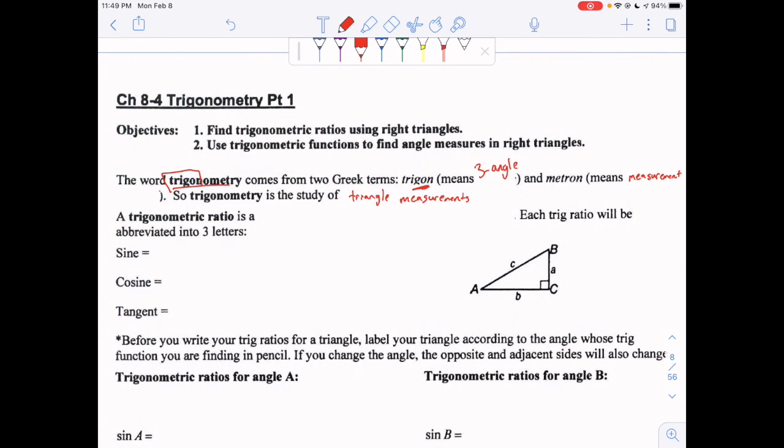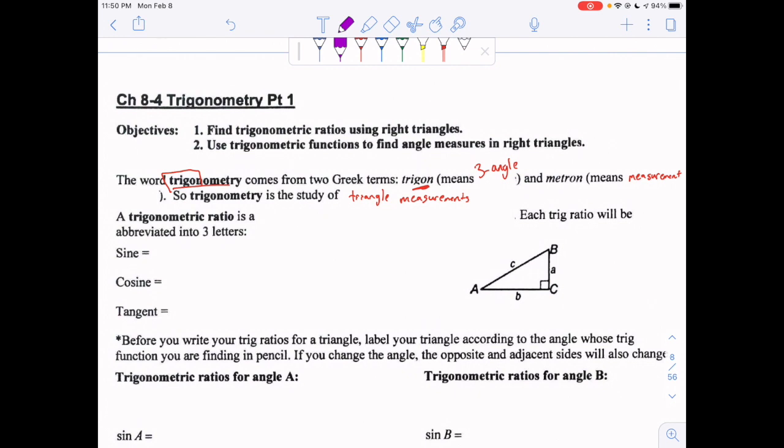A trigonometric ratio. Please say this to yourself real quick. Trigonometric. It's a big word. I know once you're on your 3rd date, you might stutter this word, but practice it, so when you go on a date with your significant other, you can say it smoothly. Trigonometric.